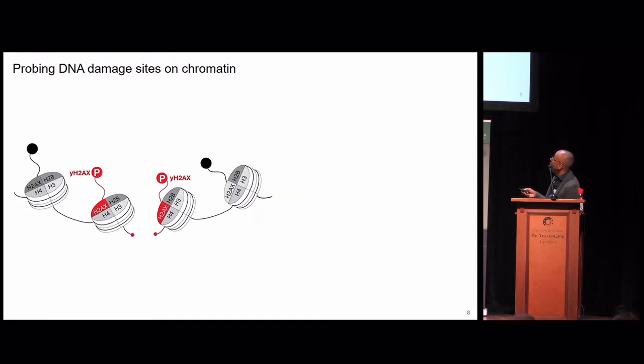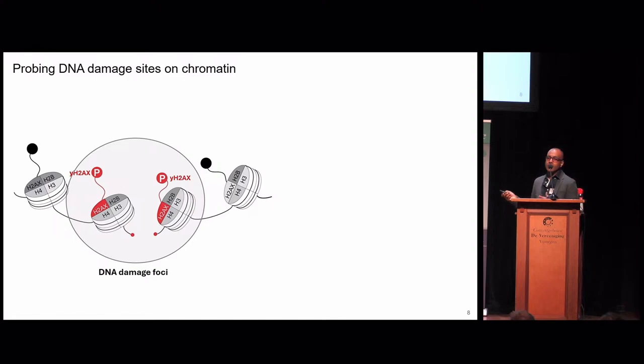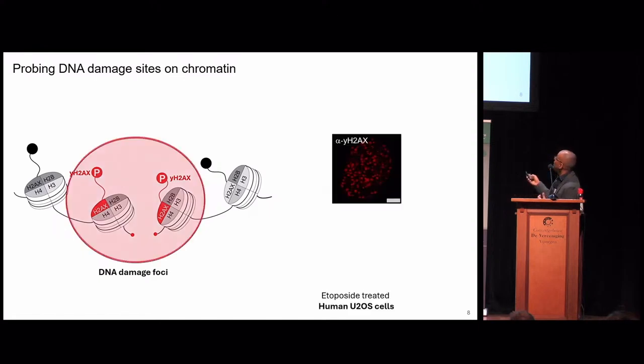So once you have a phosphorylation, there is this focal organization of the chromatin, and this allows us to identify DNA damage because it forms foci in the cell. This is a very well-known and characterized marker for double-strand breaks, and it can indeed be identified via microscopy with antibodies against gamma H2AX.